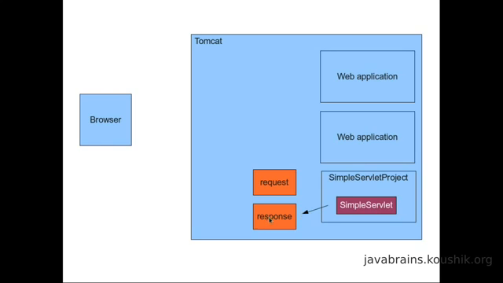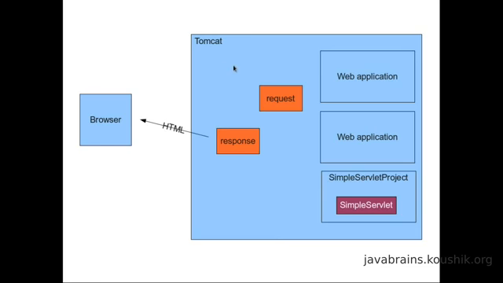This is something that we have done in our simple servlet. We have taken the response object, and we've got the print writer from the response object by using the getWriter method. And then with the writer, we have entered some text. Now this text will sit in the response object, and what Tomcat does is it takes the response object and renders it as HTML back to the browser, and that's how the browser sees what the simple servlet had rendered.